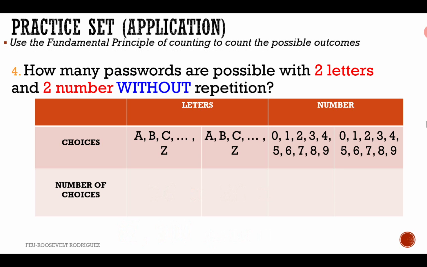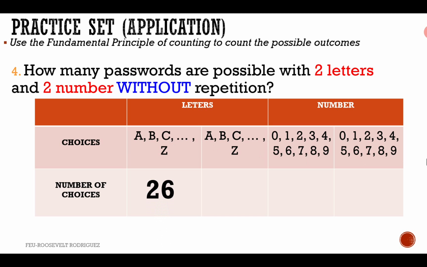So, ito naman yung pangalawang case. How about number of passwords possible with 2 letters and 2 numbers without repetition? So, same formula din ginamit ko sa same graph, same set of choices of letters and digits. Since without repetition naman, for our first number of choice sa letters, ang pwede natin mapili rito from A to Z ay 26 set of letters.